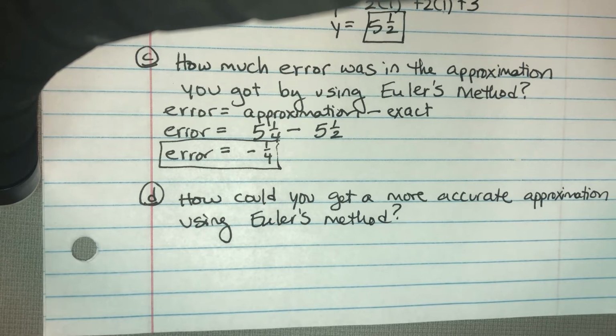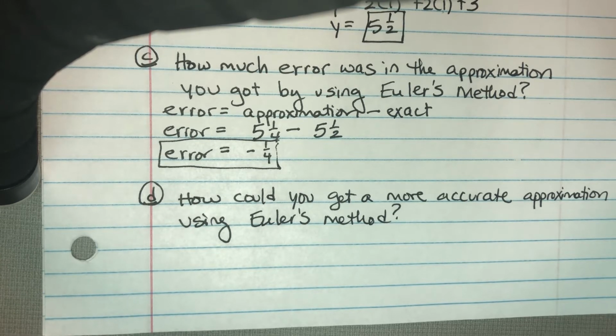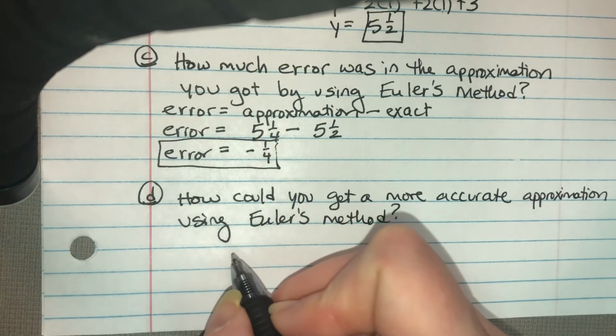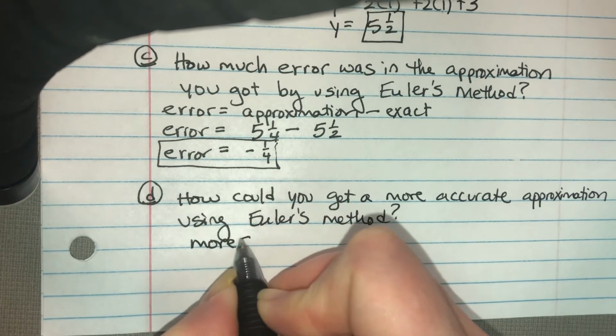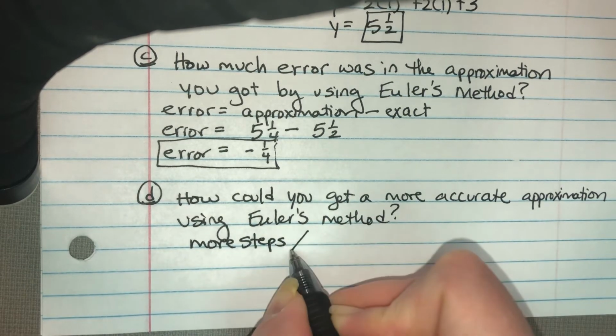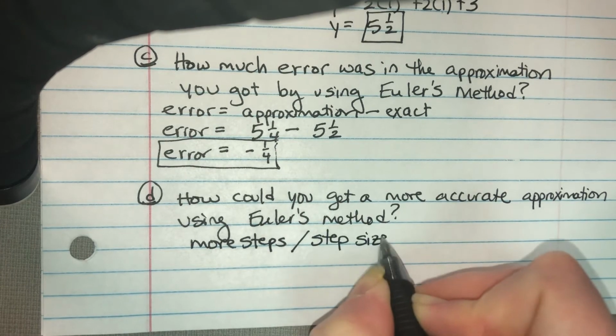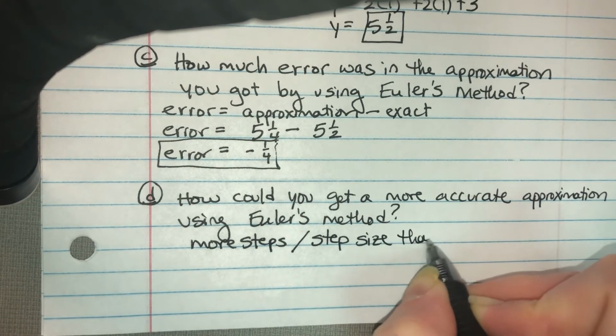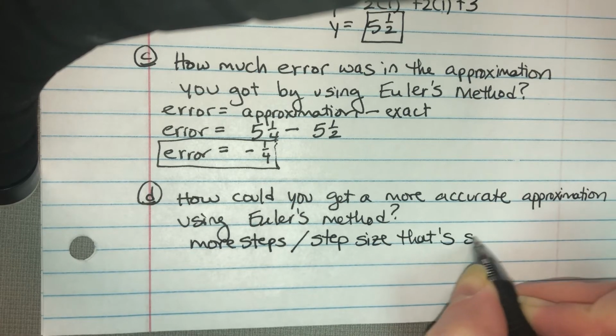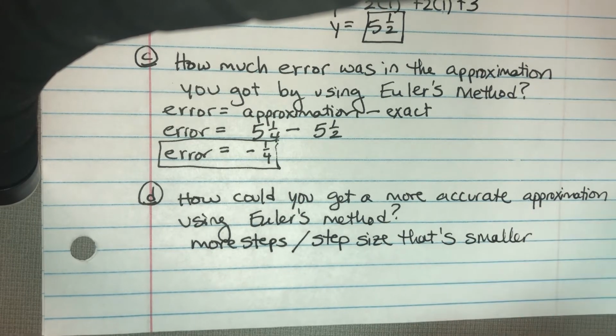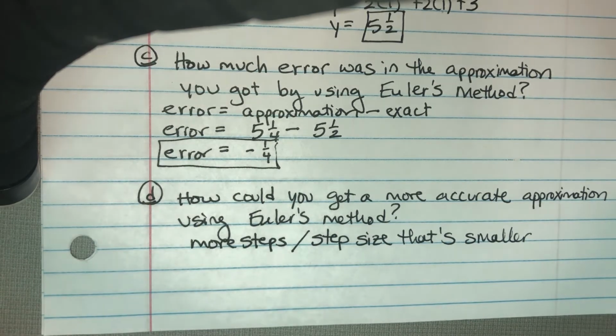What could you do to still use Euler's method, but have a more accurate answer with less error in it? Well, I suppose instead of just doing 2 steps, you could do more steps, which means the step size would be smaller. Use a step size that's smaller. That would produce a smaller error.